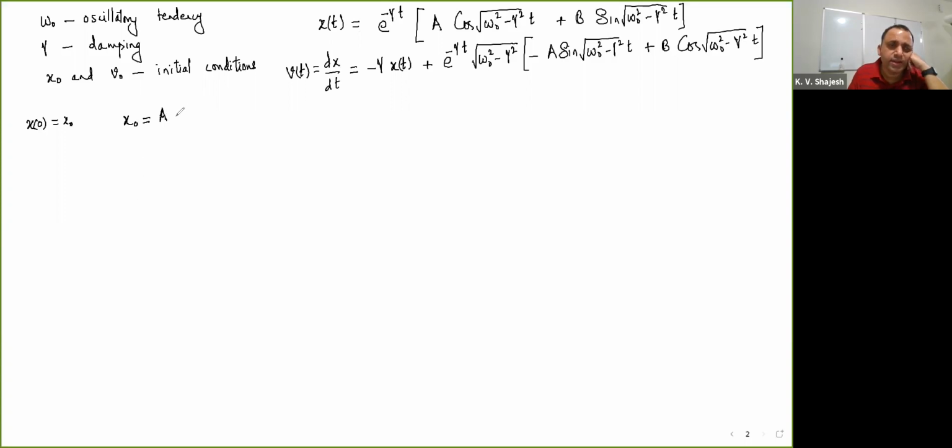So we immediately know a now. And once we have a, let's go to the second equation. Velocity at time t equal to 0 is v naught.